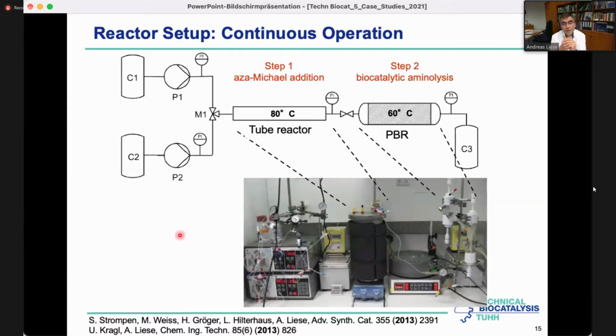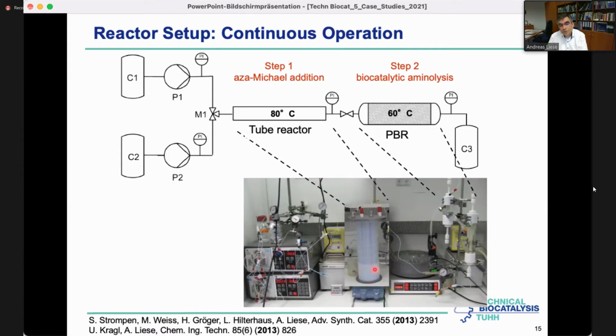Yeah, and now setting up the overall system. So the overall reaction sequence is a picture from our labs. You can see the two feeding pumps here, P1 and P2. You see the two substrate reservoirs. And then in here, that's the chemical reaction going on. That is the Michael addition at 80 degrees Celsius.